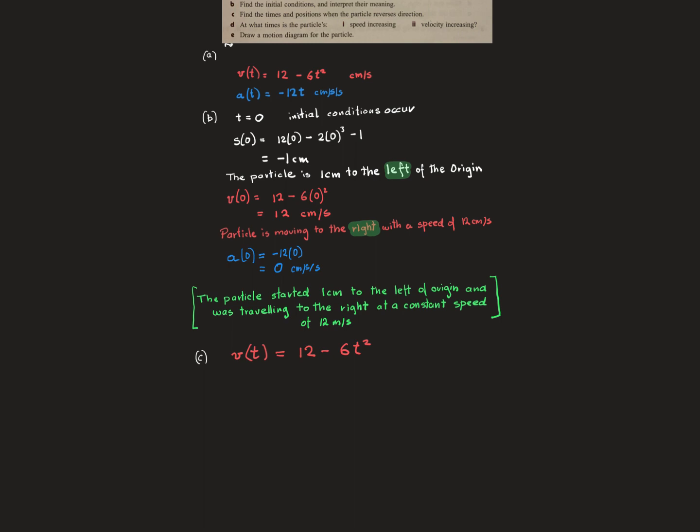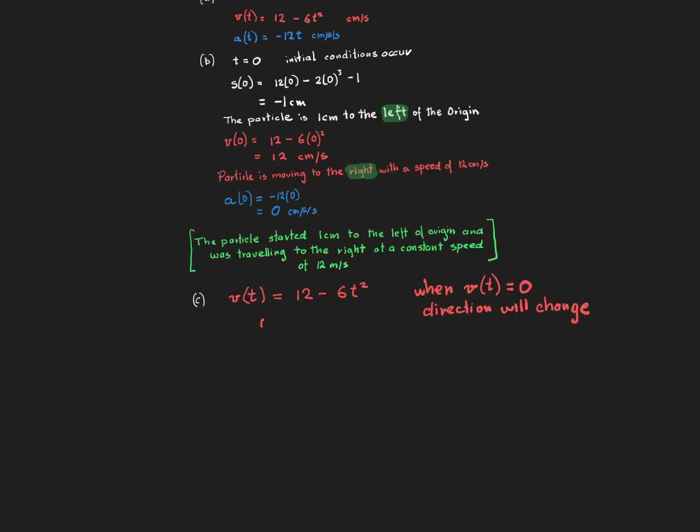We will know when that direction is changed when the velocity is equal to 0. So we just equate this with 0 and say 12 minus 6t squared equals 0. A little bit of algebra needs to be done around here. So let's just take the 6 out and we're left with 2 minus t squared.